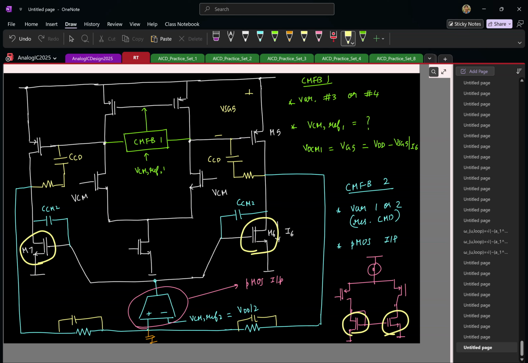Same thing in a 2-stage OTA. This is the second stage, which means these also must have the same current densities. Is that okay?